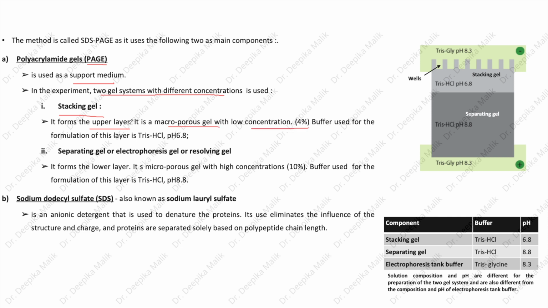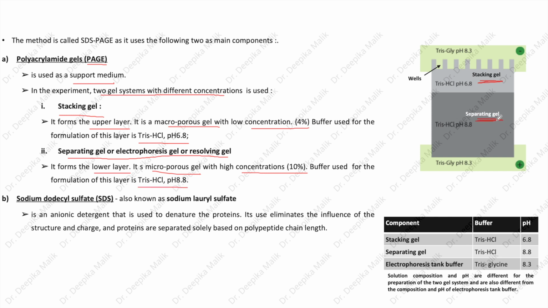Buffer used for the formulation of this layer is Tris HCl with pH 6.8. Second is the separating gel, or electrophoresis gel or resolving gel, which forms the lower layer. It is a microporous gel with high concentration of up to 10%. Buffer used for the formulation of this layer is Tris HCl with pH 8.8.